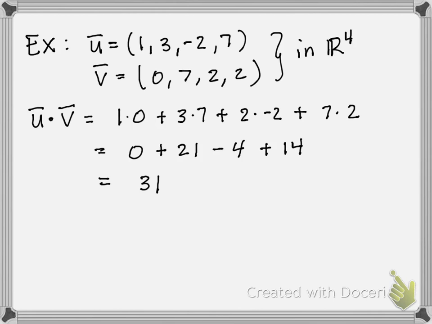In general, the dot product, as I was saying last time, is a measurement of how much two vectors are pointing in the same direction. So I'll just draw two vectors in R2.